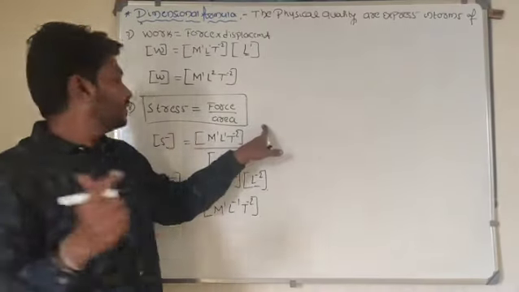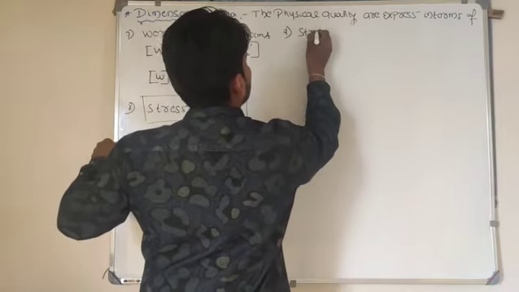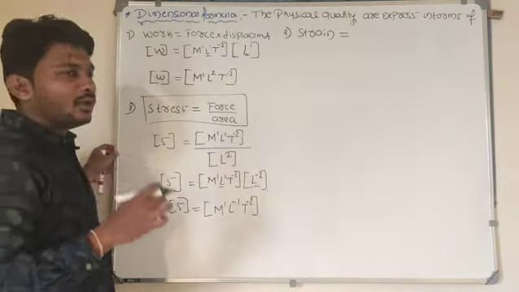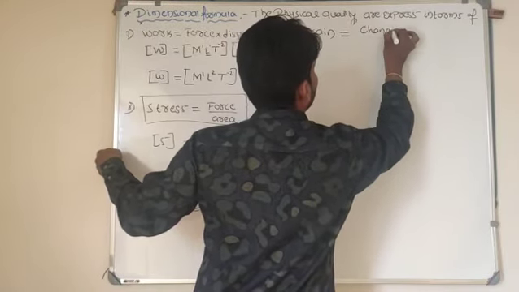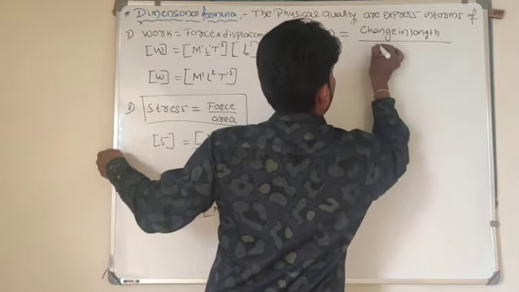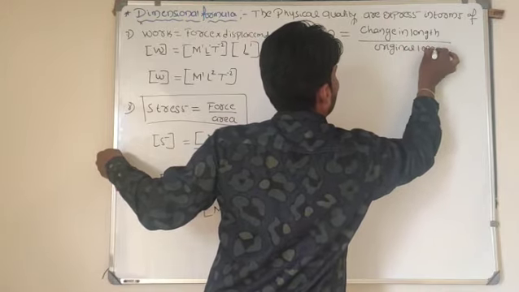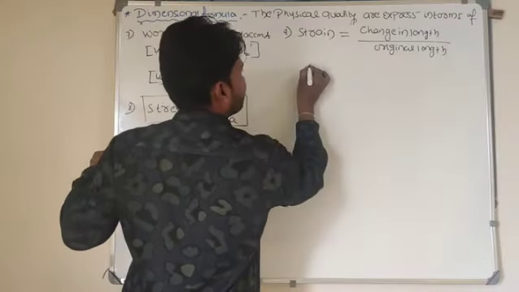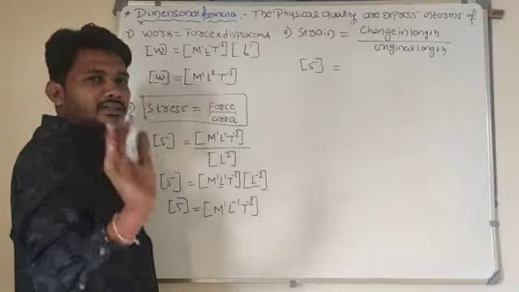Strain. The generalized formula for strain is the ratio of change in length divided by original length here. So that is strain. I need to write the strain dimensional formula. Change in length means that is nothing but L only.